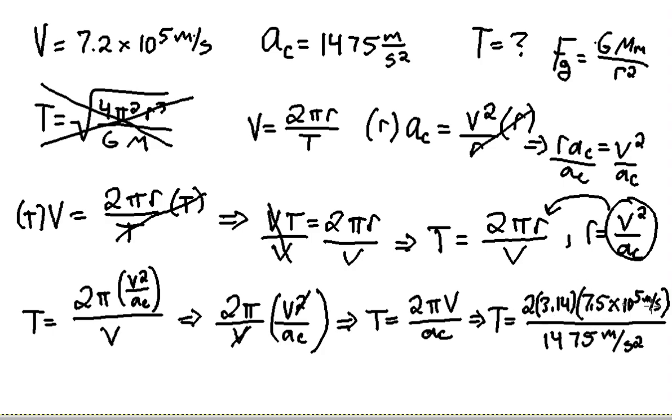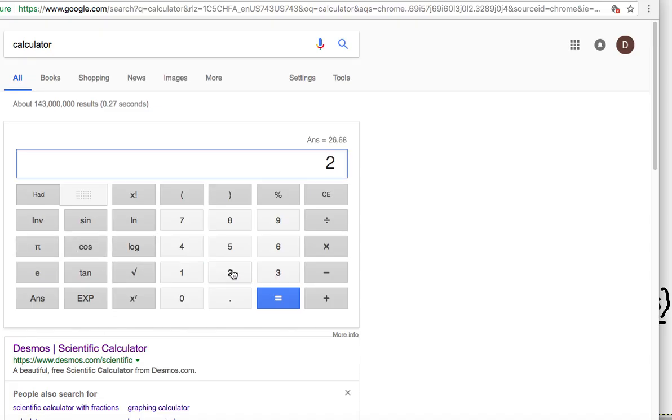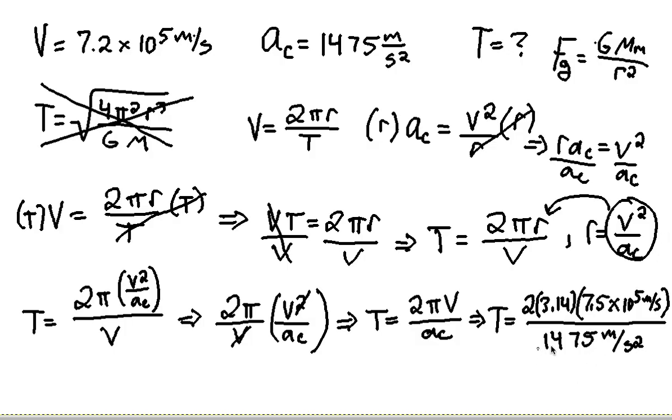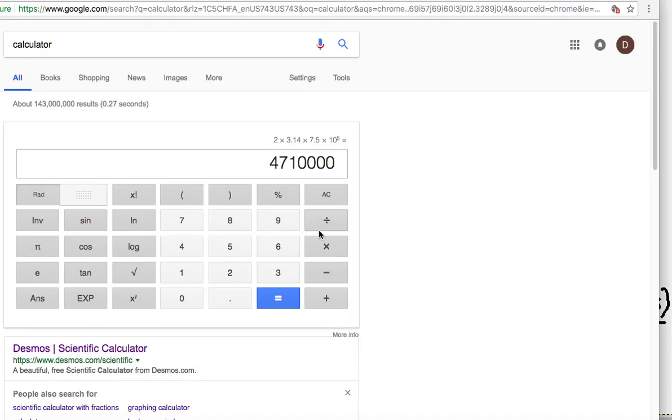So let's multiply our numerator across. 2 times 3.14 times 7.5 times 10 to the 5th power gives us 4,710,000, and we're dividing that by 1,475.